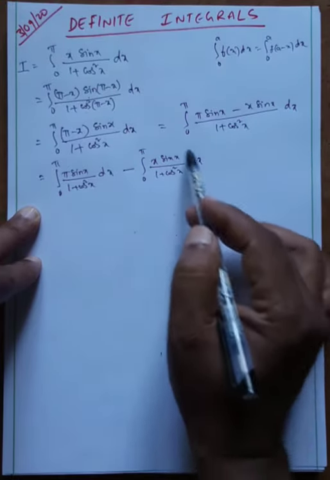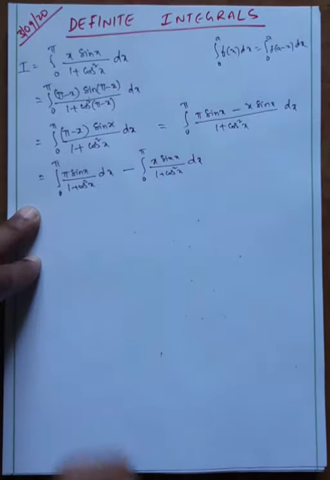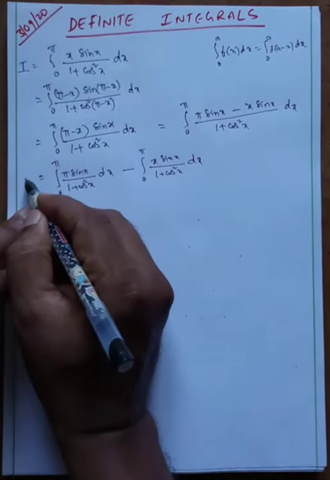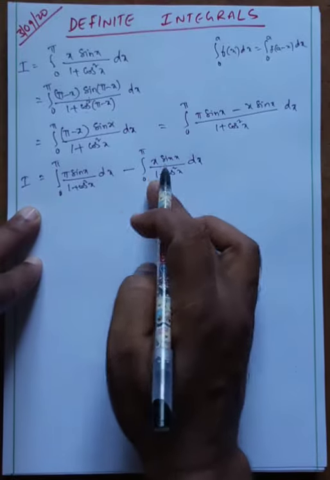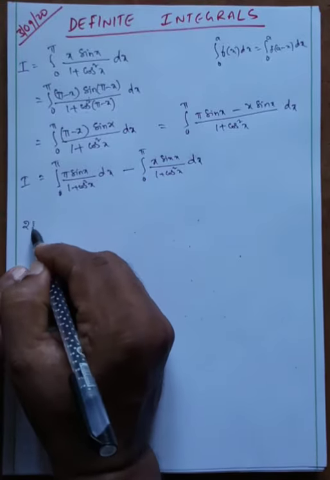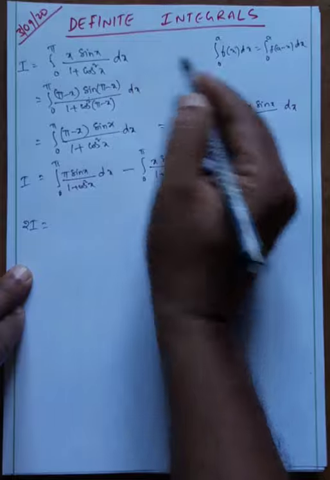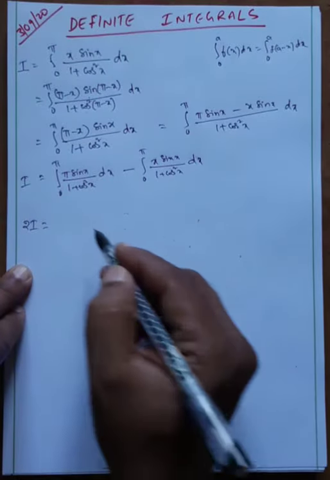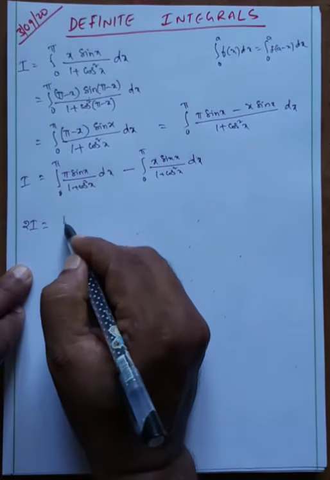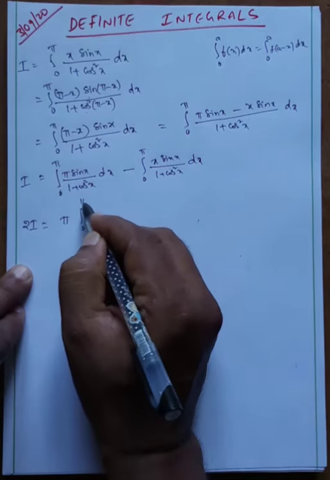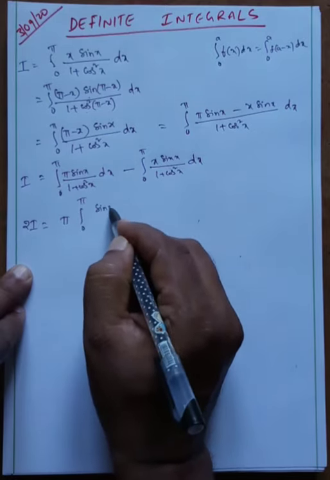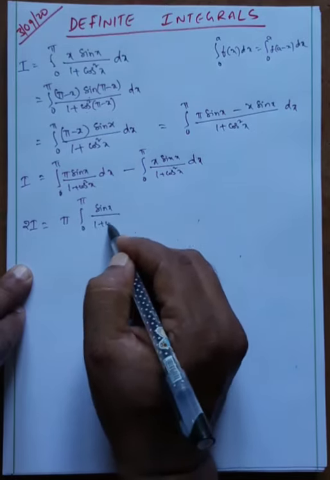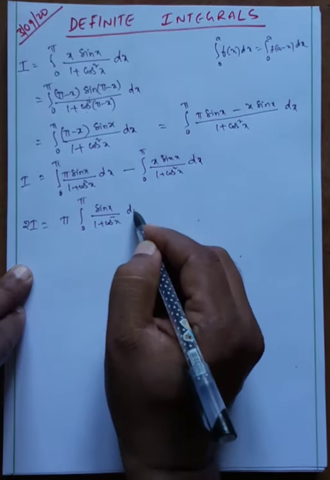Observe, this total value is I. What happened to this one? This is minus I, so this side is 2I. So 2I is equal to, adding 1 and 2, this one cancels, no problem at all. Pi is outside, integral 0 to pi of sin x by 1 plus cos square x dx.